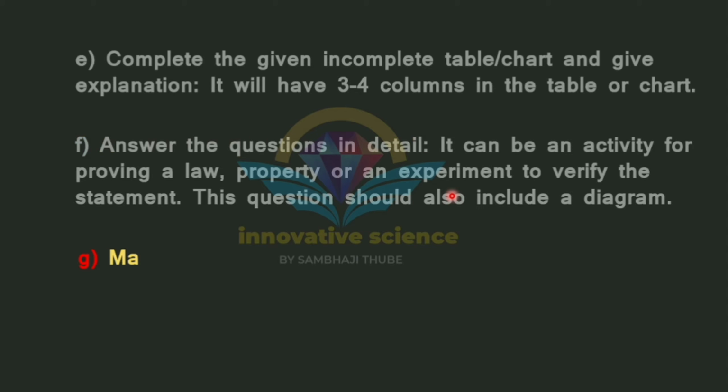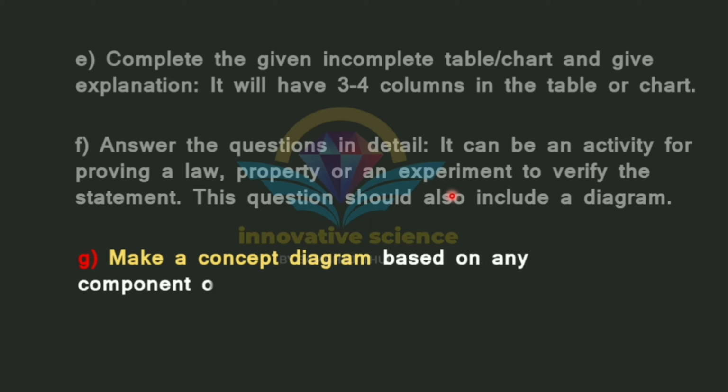Next type of question, make a concept diagram. That concept diagram is based on any concept or any component or any technology. Any activity will be asked to you, and you have to draw a tree structure or tree diagram of that activity, and with the help of that tree structure you have to explain it.